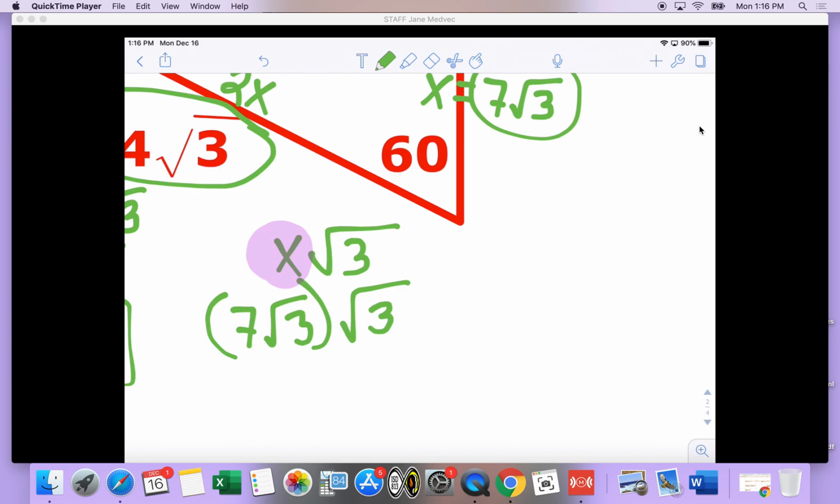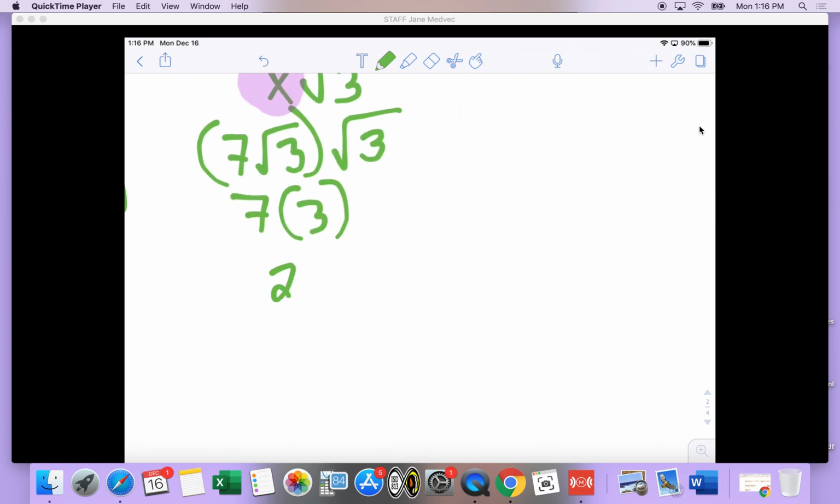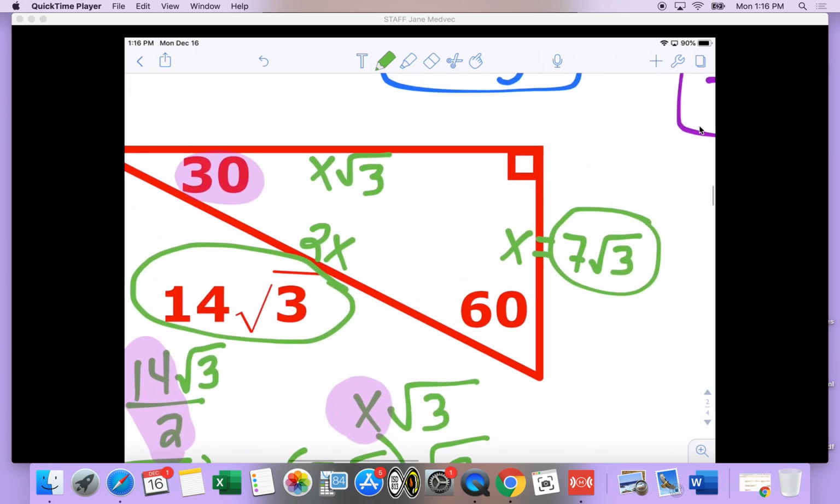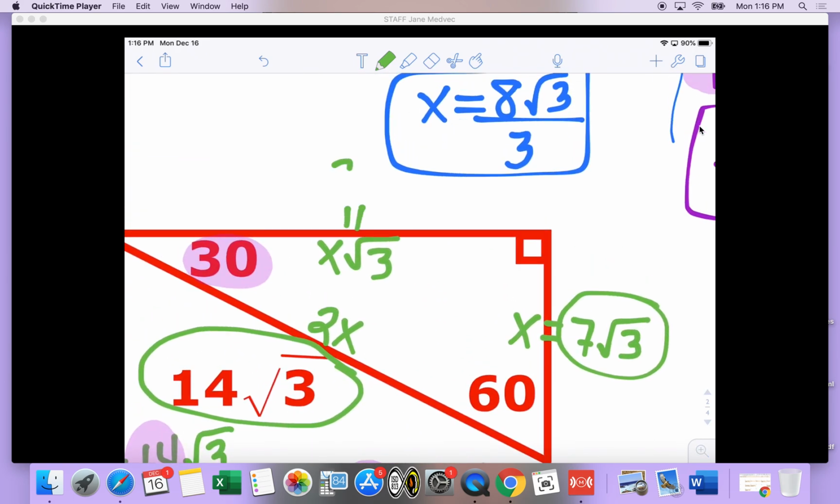It's 3. It's either the square root of 9, so square root 3 times square root 3 is square root 9. What's the square root of 9? 3. Yep, it's a perfect square. So 7 times 3, so I end up with 21. So I come back up here, and I'm going to go this equals 21, and I'm going to circle it, and I know that I'm done.